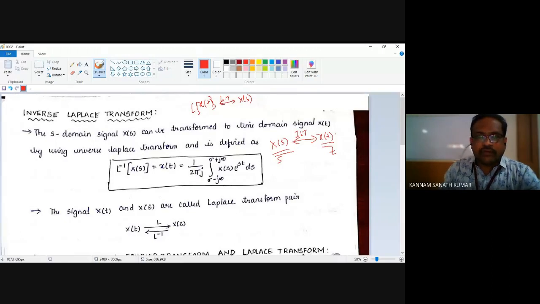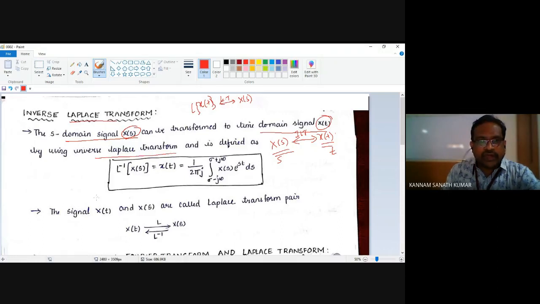The S domain signal is X(s) and the time domain signal is x(t), so we can transform X(s) to x(t) using the inverse Laplace transform.